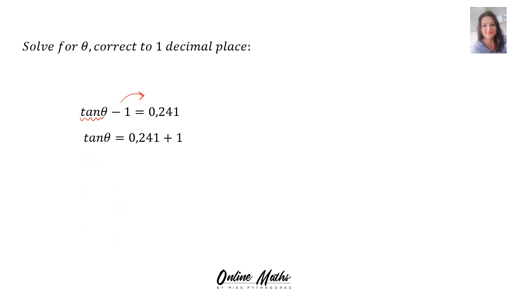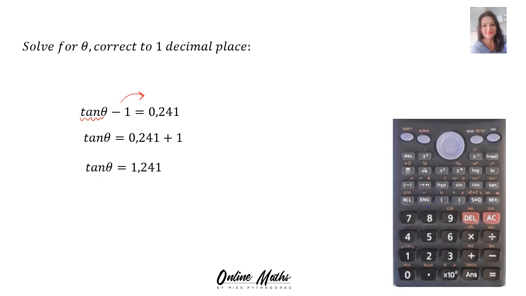And then you end with, on the left hand side, tan theta equals, and on the right hand side, it's 0,241 plus 1. Then left it's still tan theta equals 1,241. Now we can work out theta with our calculator.